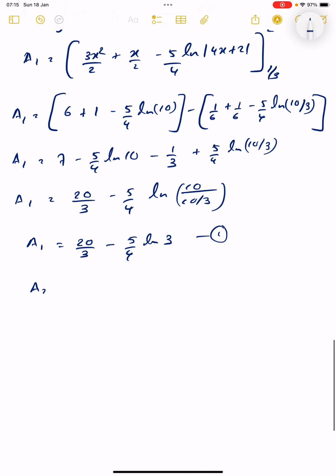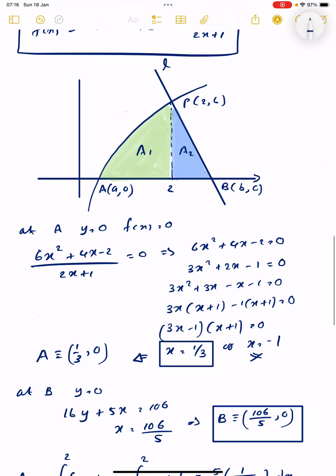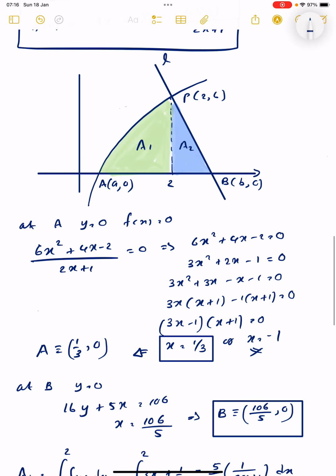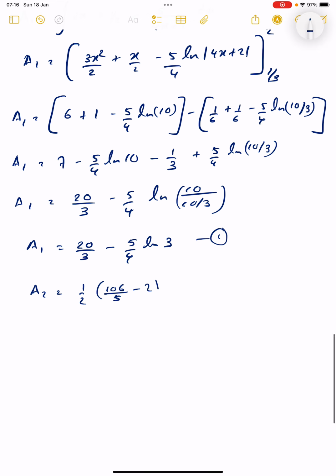Area 2 is the area of the triangle, and that would be half times (106 over 5 minus 2) multiplied by 6, which is the vertical height. And let's find that one. So that should be 288 by 5.